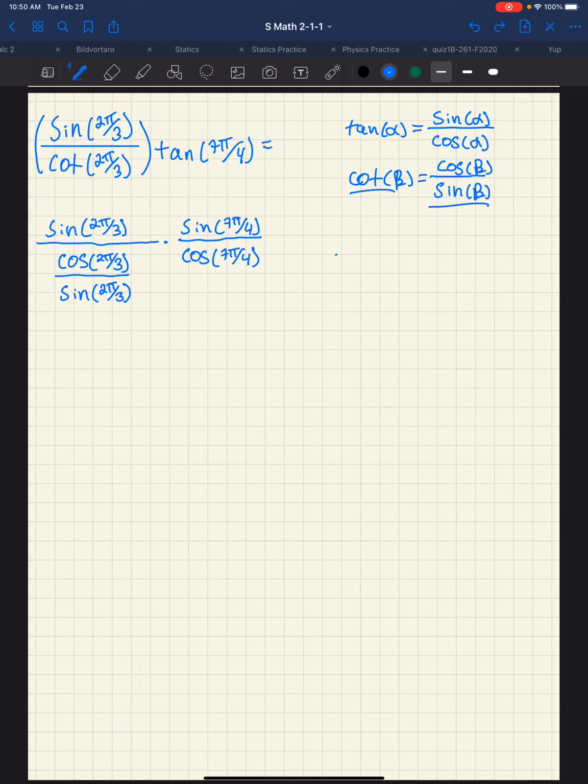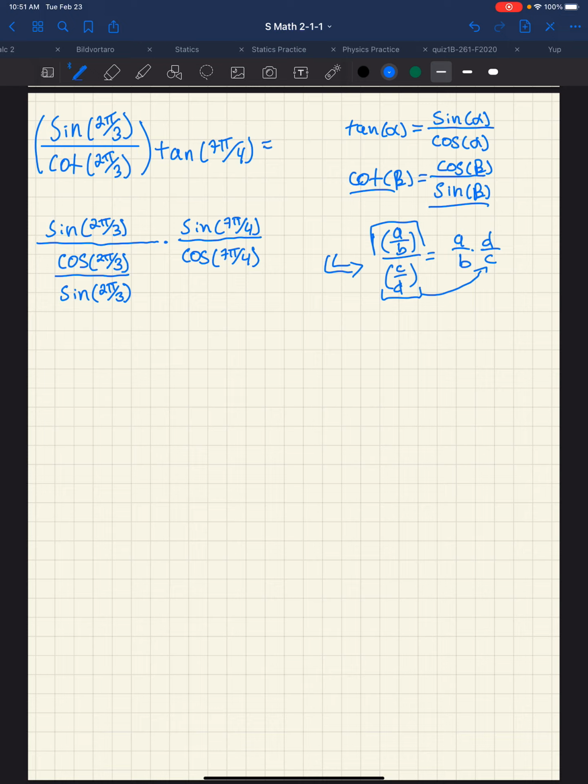Well, we can remember that a over b divided by c over d equals a over b times d over c. In other words, we can take this fraction in the denominator, flip the numerator and denominator, and then multiply it by our numerator.